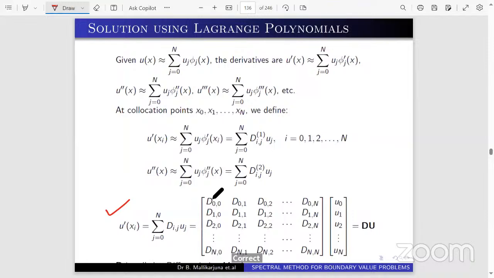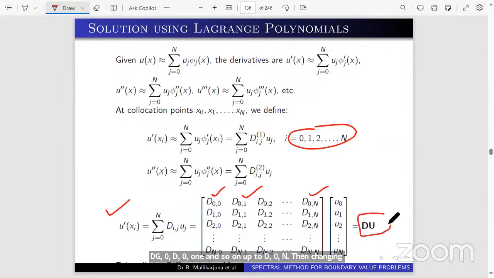So u prime at different points is d 0 0, d 0 1 and so on up to d 0 n. Then changing the index with respect to row and column as just specified, d into u.